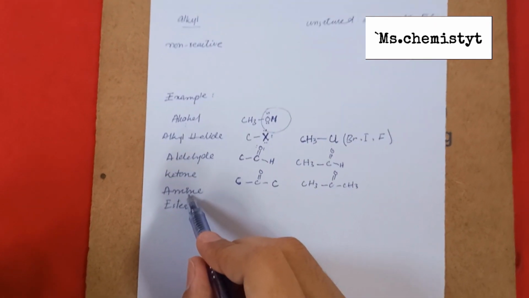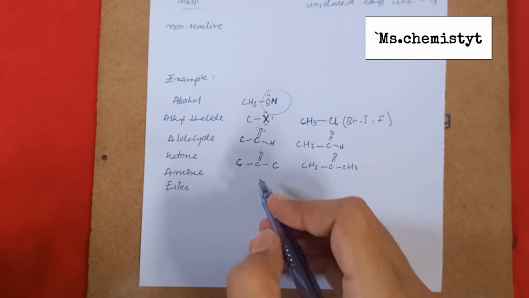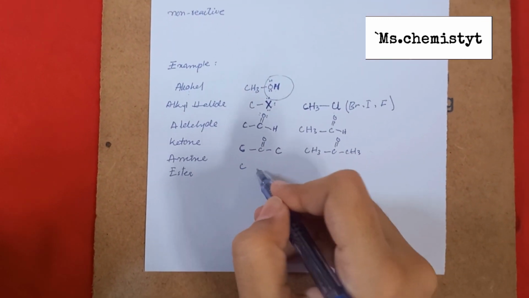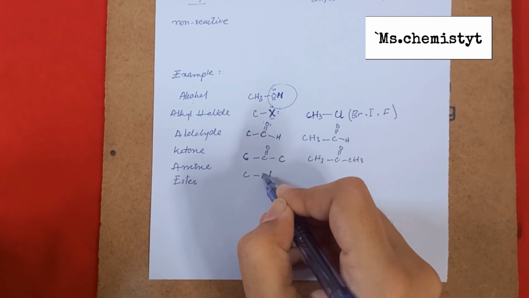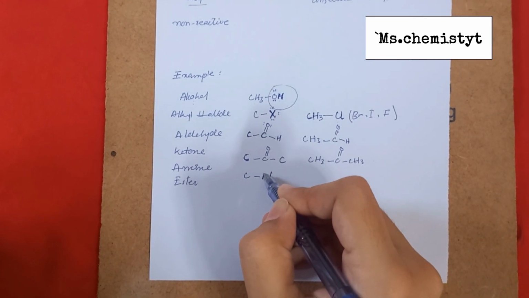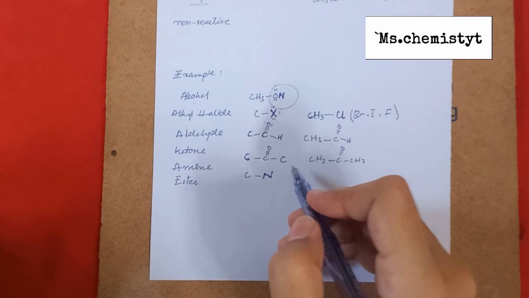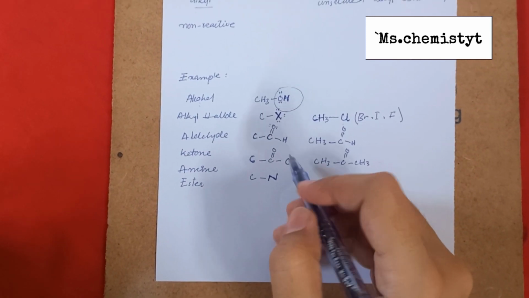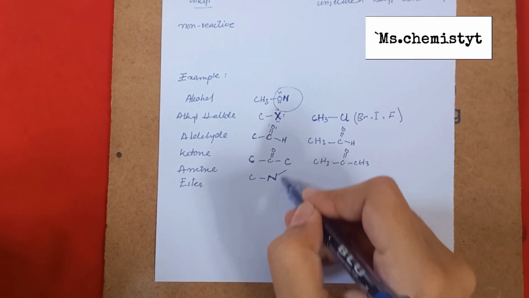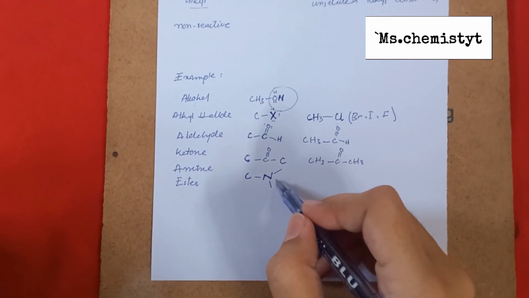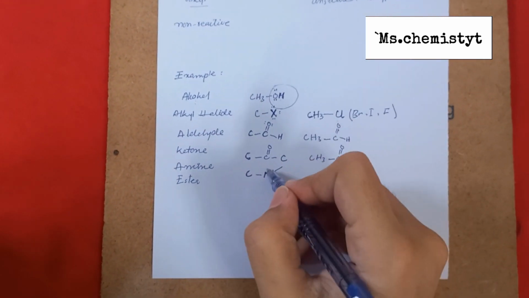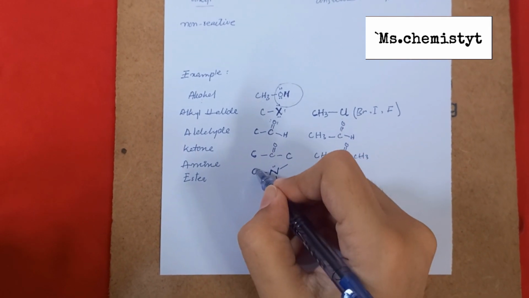Here is another example, that is amine. The formula for amine will be carbon bonded with nitrogen, and nitrogen bonded with any 2 atoms and having 1 lone pair.